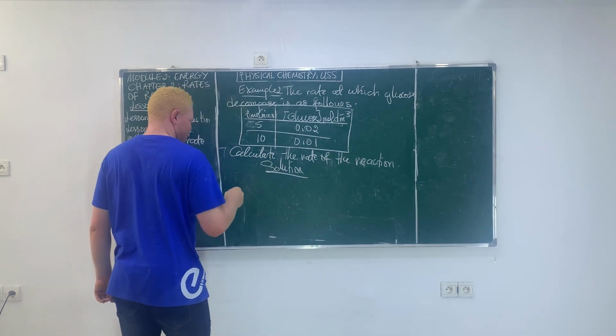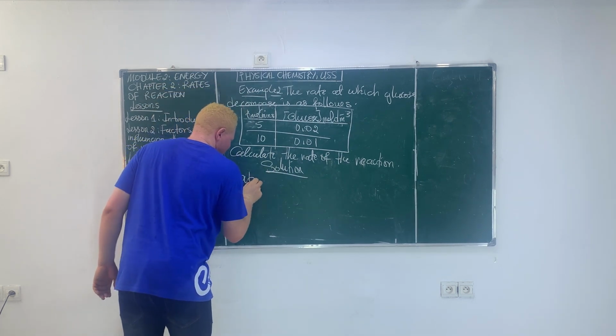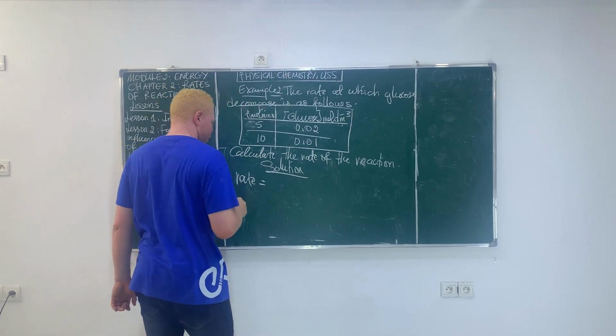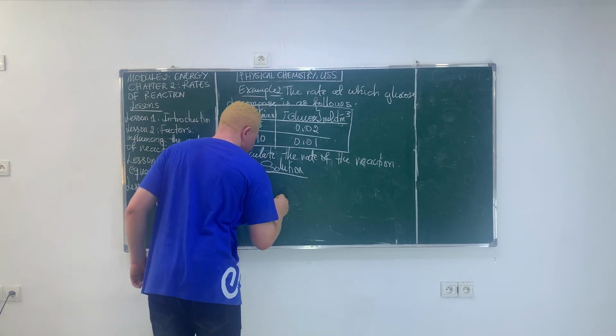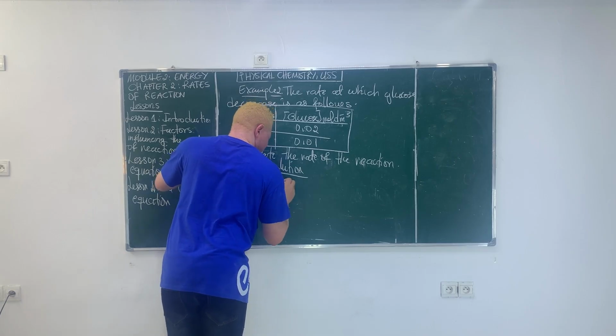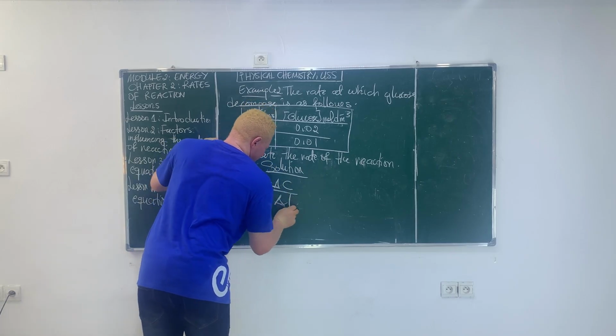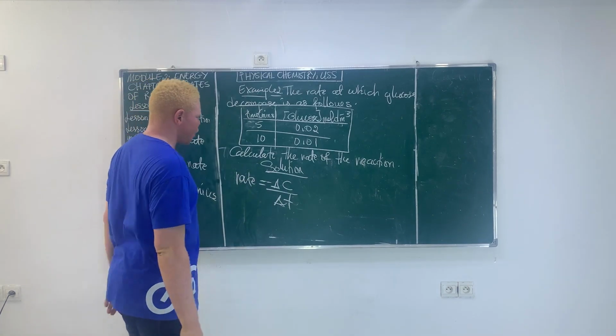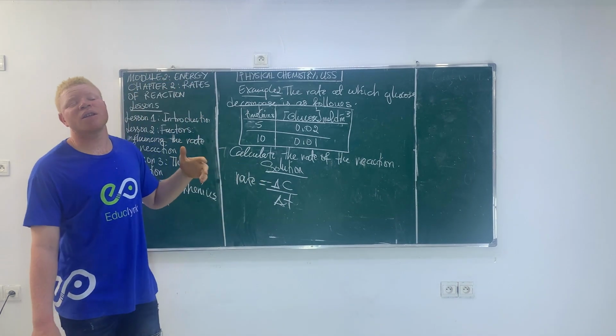Your rate equals negative delta C over delta T, with delta C being the change in the concentration.